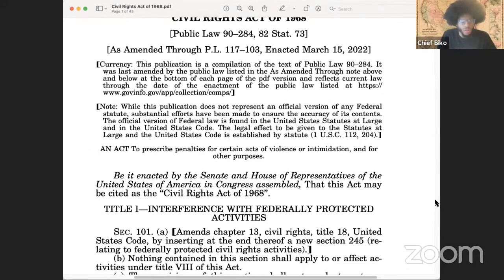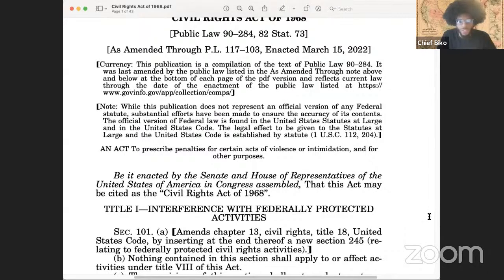Note, while this publication does not represent an official version of any federal statute, substantial efforts have been made to ensure the accuracy of its contents. The official versions of federal laws are found in the United States Statutes at Large and in the United States Code.